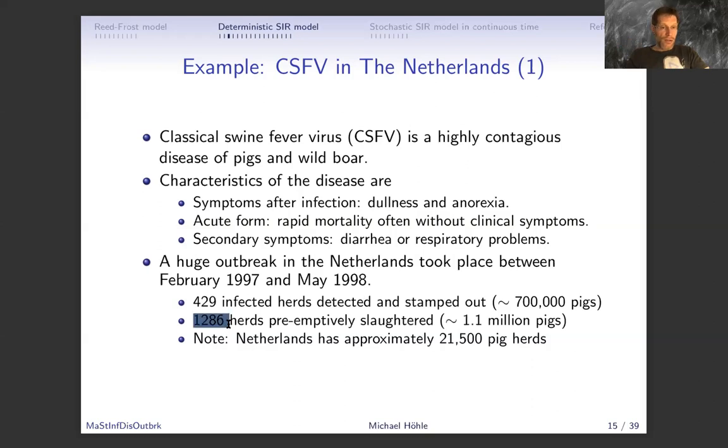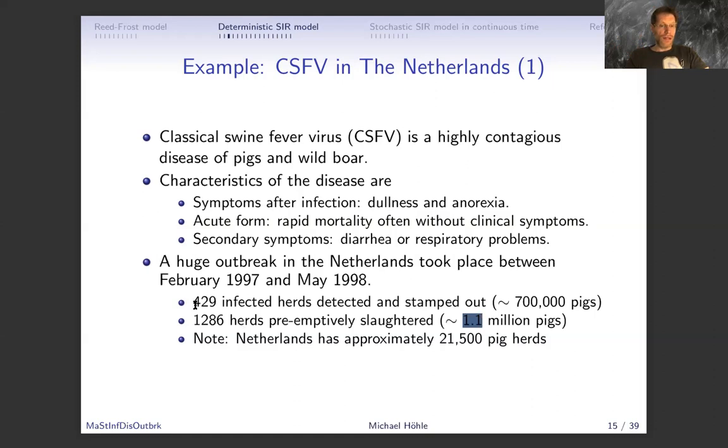And additionally, 1,286 herds were preemptively slaughtered. That means that there was no disease detected so far at the farm, but because they were close to a farm which had a disease outbreak, they were stamped out as well. So that was approximately another 1.1 million pigs which were stamped out as part of that.